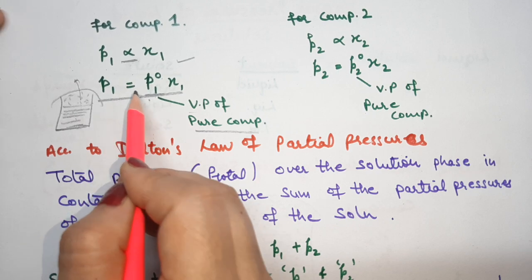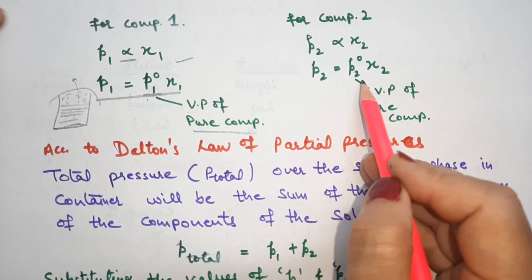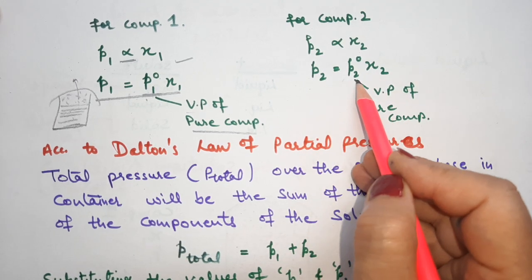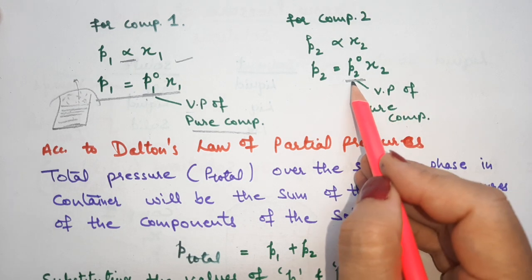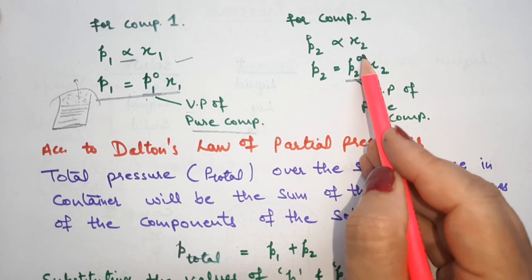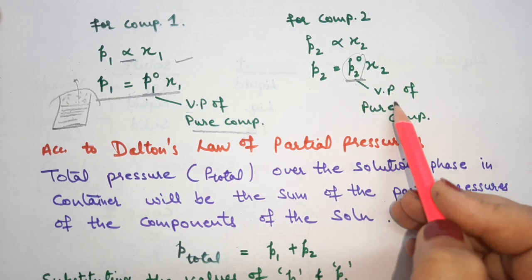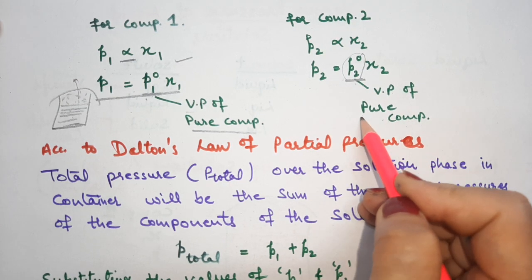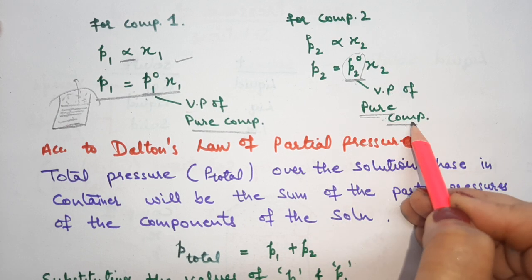So P1 is equal to P1 naught X1, and same for component 2, P2 is equal to P2 naught X2, where P naught is the vapor pressure of the pure component when no other component is dissolved in it. Whenever it is in the pure form, the vapor pressure exerted by this component becomes the pure vapor pressure for the pure component.